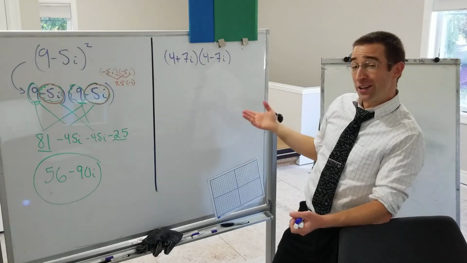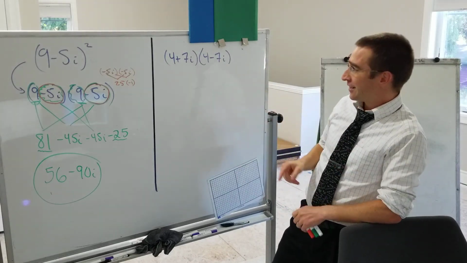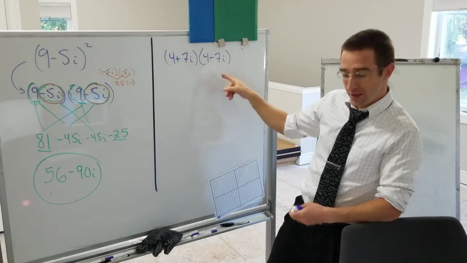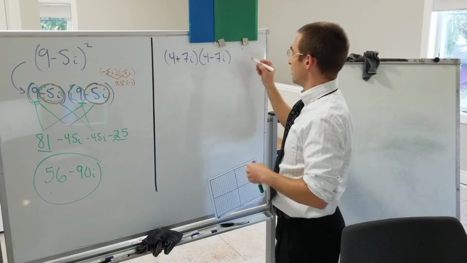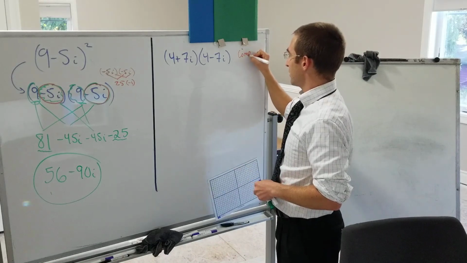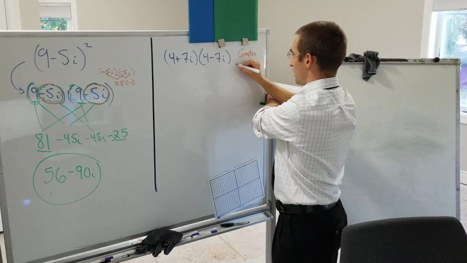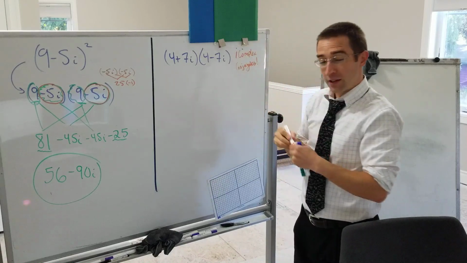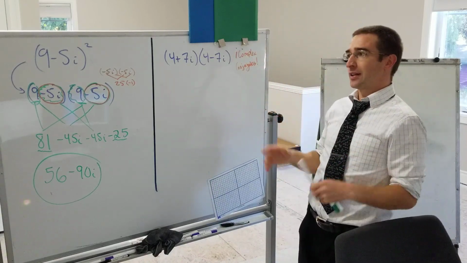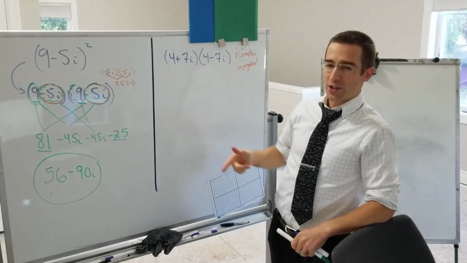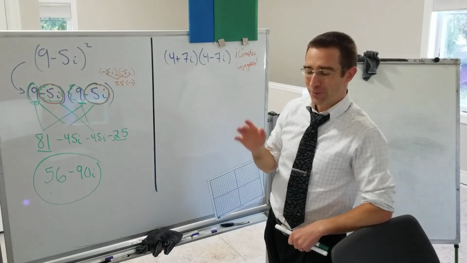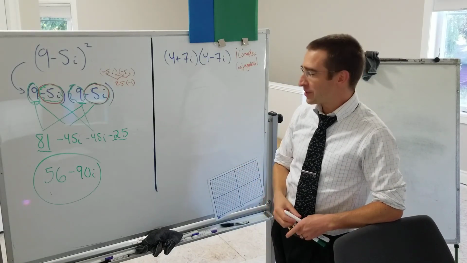All right, let's look at this product. What's special? What do you notice about the numbers here? 4 plus 7i, 4 minus 7i. These are what we call complex conjugates. And conjugates keep showing up all the time in mathematics. We're trying to rationalize something, in the sense of getting rid of square roots.